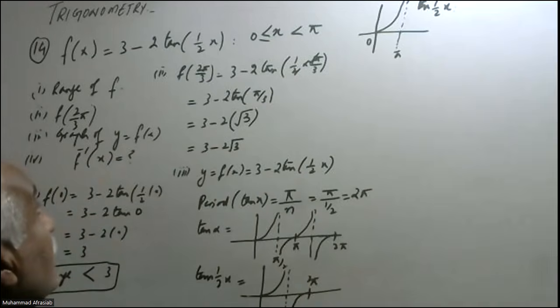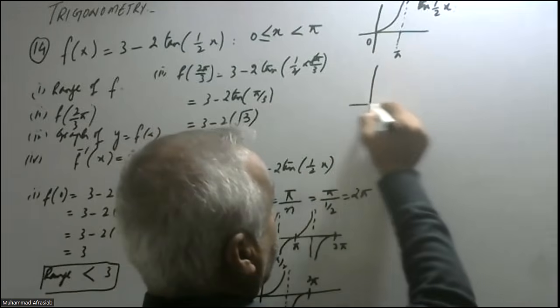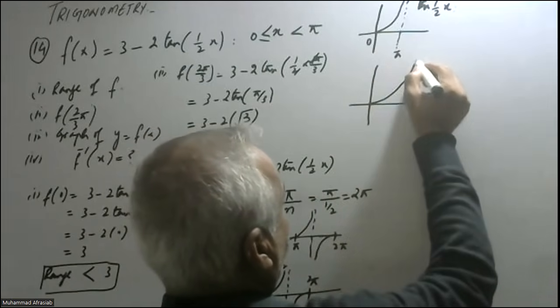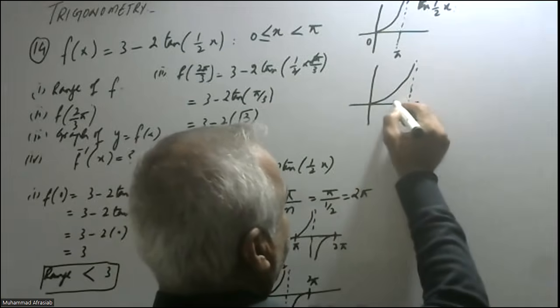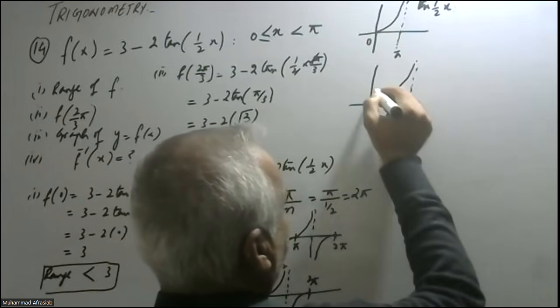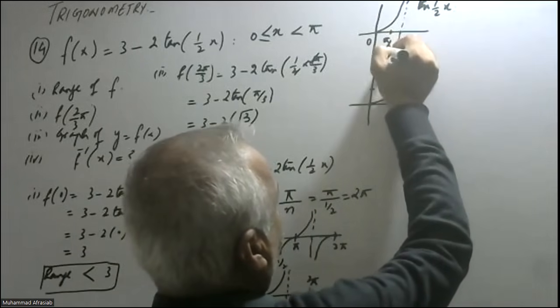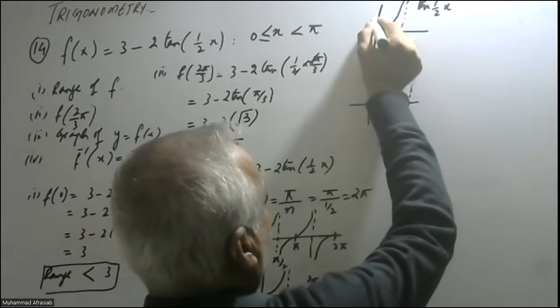Then it is minus 2. So the same graph will be there, but instead of pi by 4, its value will become, here it is pi by 4, and that value is equal to 1.